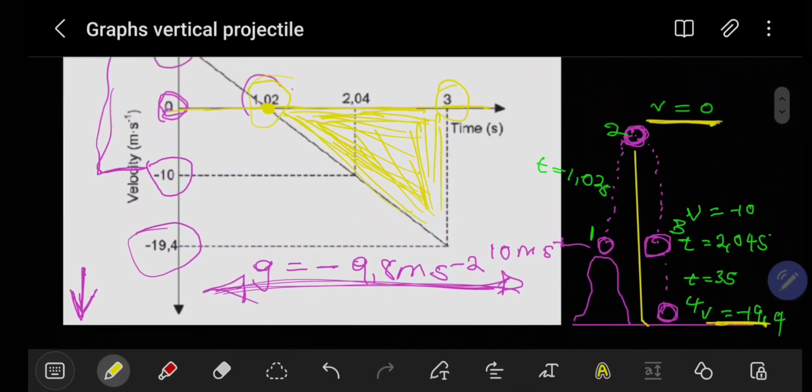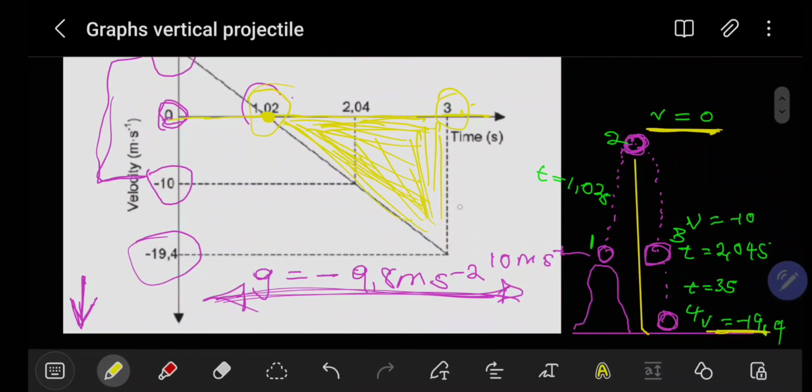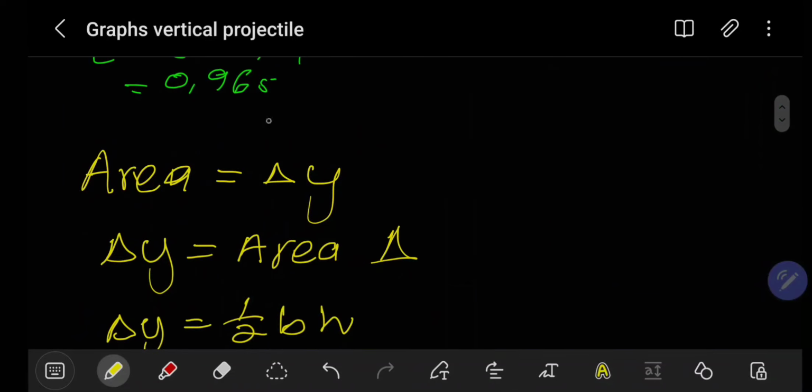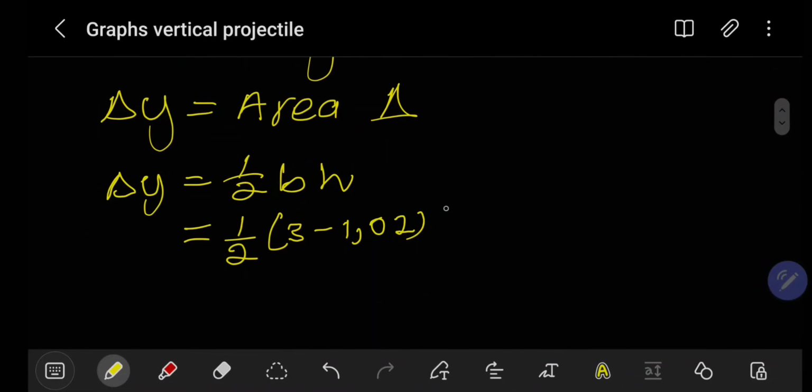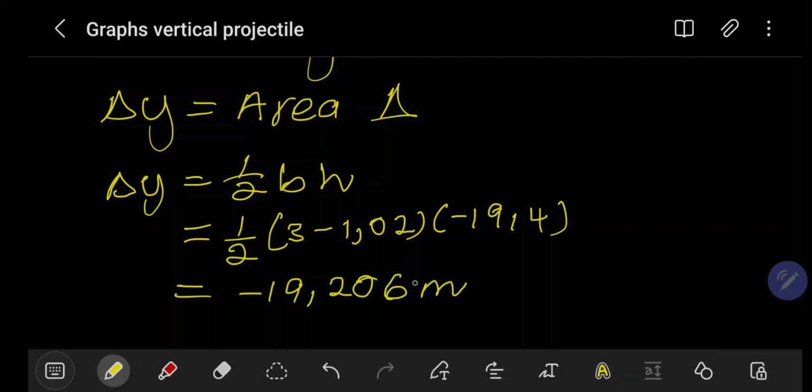And our perpendicular height is from 0 until this point, which is negative 19.4. When you punch your calculator, you will get negative 19.206 meters. You can see that throughout all our calculations, different methods, different formulas, we got the same displacement.